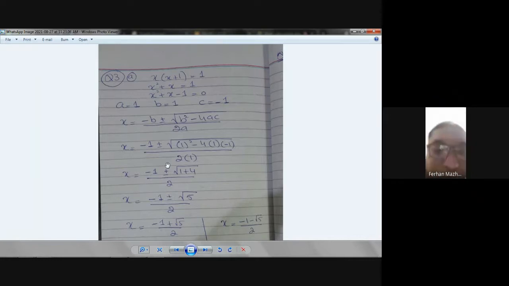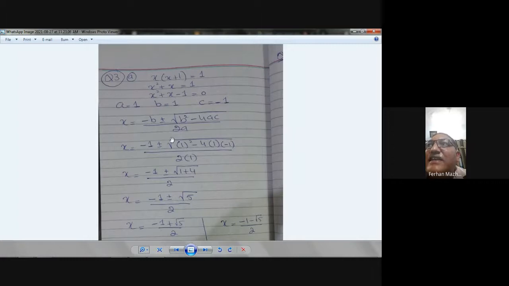Okay, so now I will apply the quadratic formula. You can see the quadratic formula is x equals minus b plus minus under root b square minus 4ac, divided by 2a. The value of b is 1, the value of a is 1, and the value of c is minus 1.